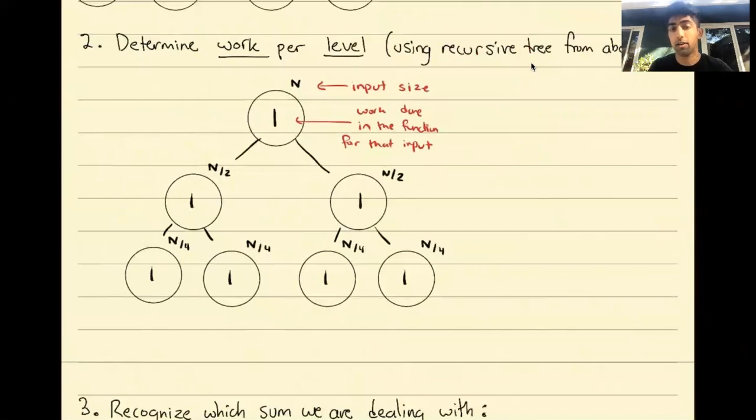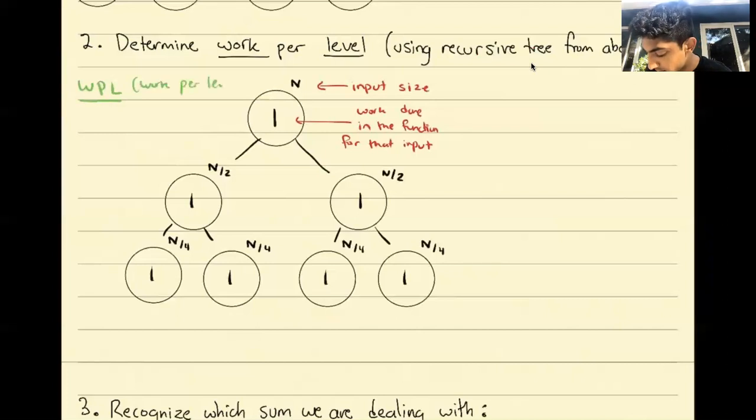What we're going to do is try to figure out the work done at each level of this tree, okay? So when I say a level of the tree, we can think about this as one level of the tree. On this left-hand side, I'm going to create this column called work per level.